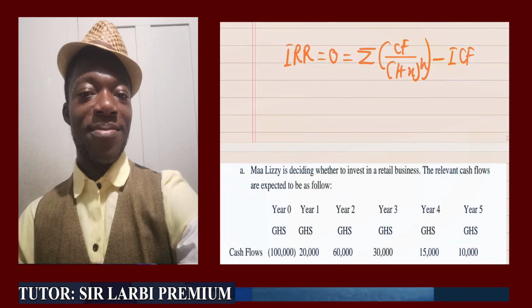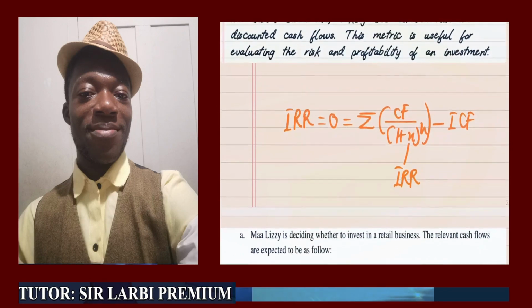Here the x represents the rate, that's the internal rate of return that we ought to find. So let's take note of that. You find the present value of these future cash flows based on the period, and then we can naturally take it from there.